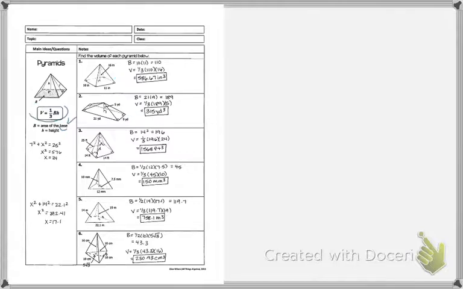So, let's go with the easy. Let's go with number 1. We need the base area, so we got to look at what the base is. It's a pyramid, so it's easy. Here's my base. Okay, so we're going to get the area of that guy.